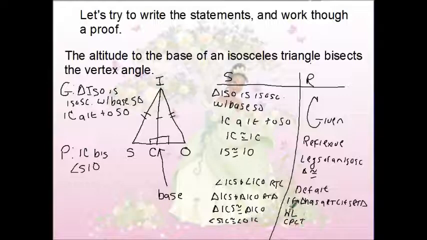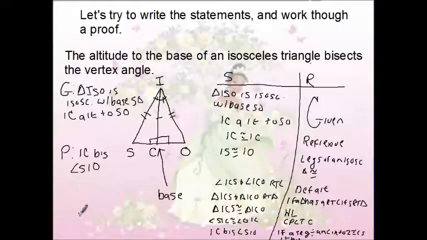Now, if these angles up here are going to be congruent, then I know that I definitely have an angle bisector. I can say IC bisects angle SIO. The reason, if a segment divides an angle into two congruent angles, it bisects. And we're good to go.